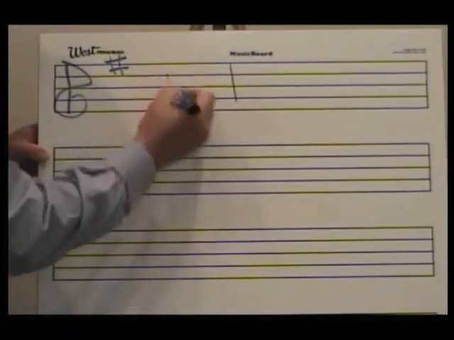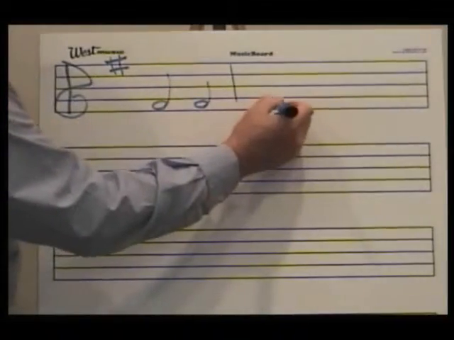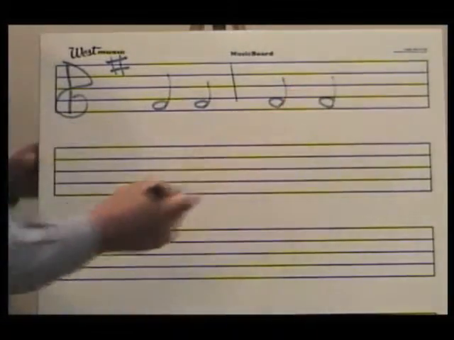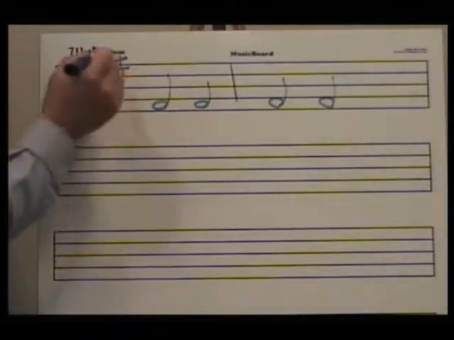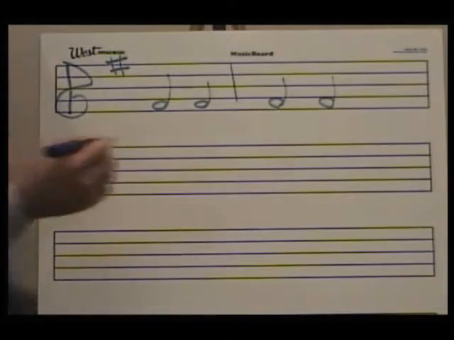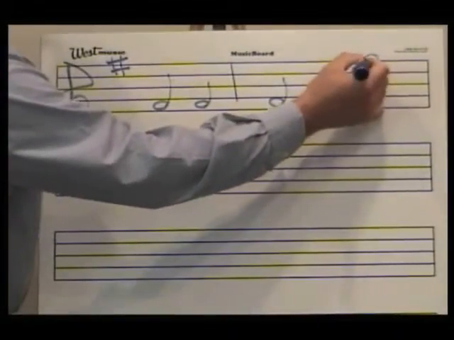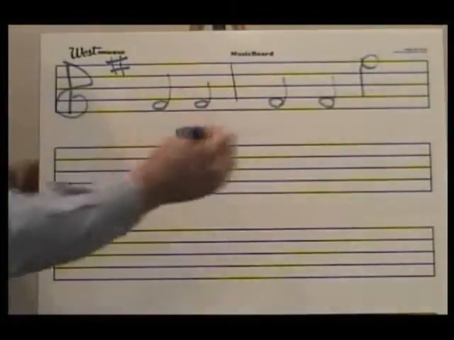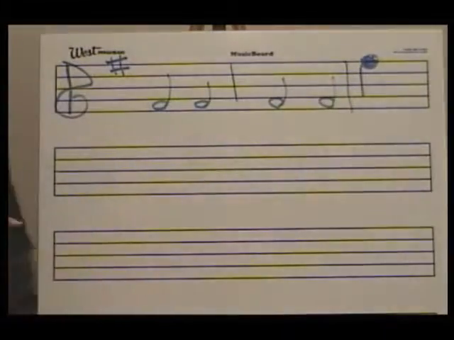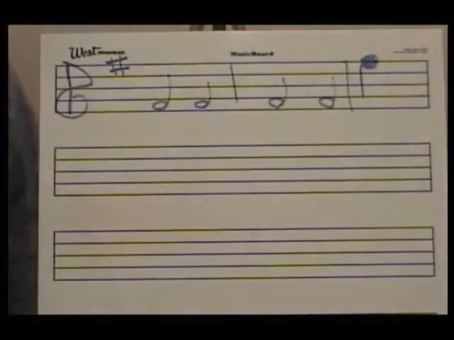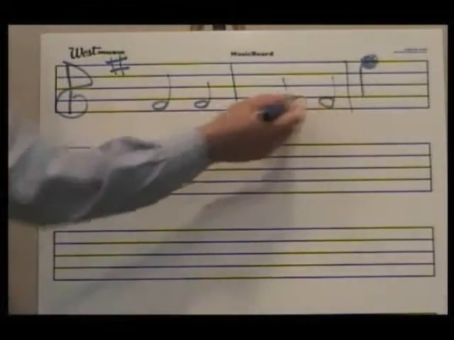So I can write as many F sharps as I want. I don't have to put the sharp in front of it, but I know that these notes are going to be F sharp. If the F sharp is in the key signature, it also means that all of the Fs that I would be playing are going to be F sharp, not just these.